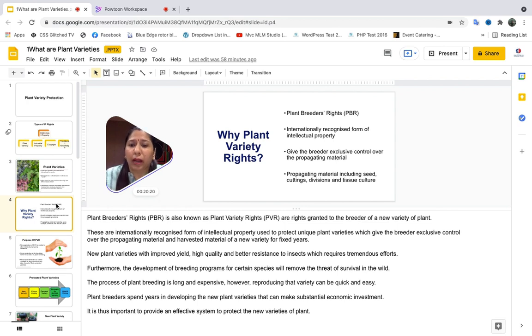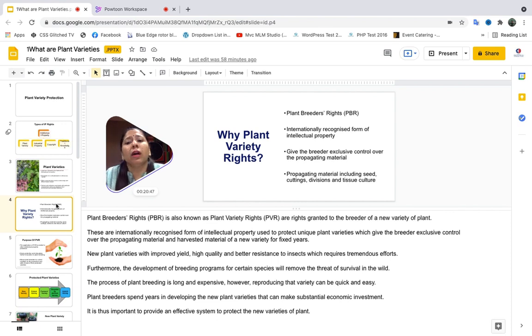Now, new plant varieties with improved yield, high quality, and better resistance to pests need a tremendous amount of effort in the field. But the development of a breeding program for certain species will also remove the threat to their survival. The process of plant breeding is quite long. It takes years and years for a farmer to develop a variety.